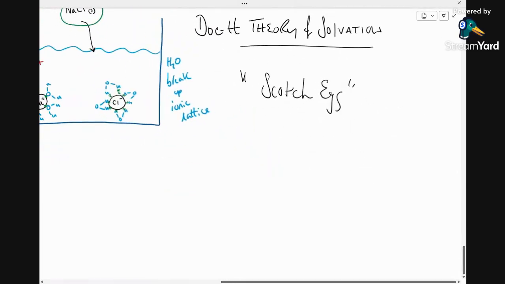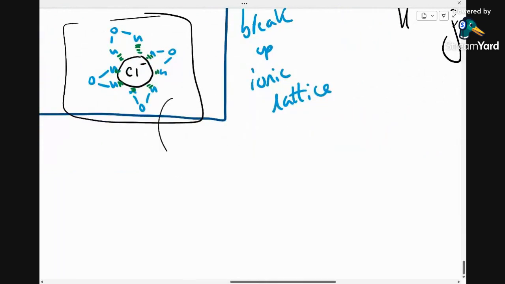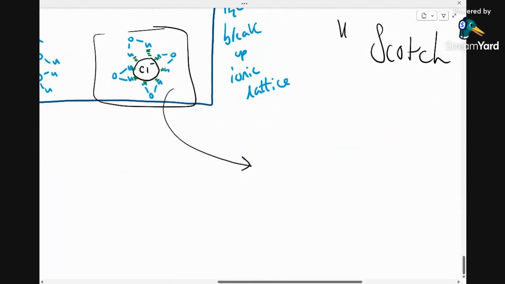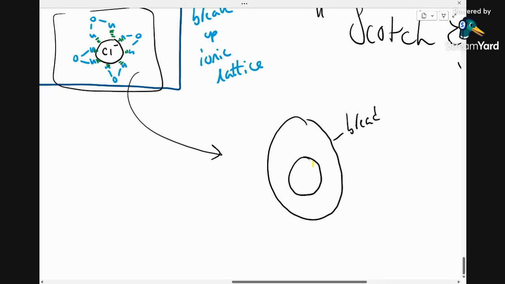In other words, when we look at this, when we've dissolved something, let's take the chloride, for example, it looks a bit like a Scotch egg. I mean, it doesn't, but the analogy is a Scotch egg, because a Scotch egg has the outer casing, the sort of bread, the breadcrumbs and the sausage meat, and in the center here, you have your egg.